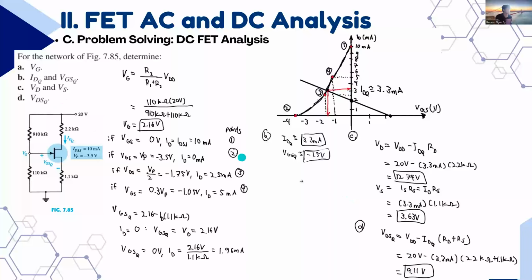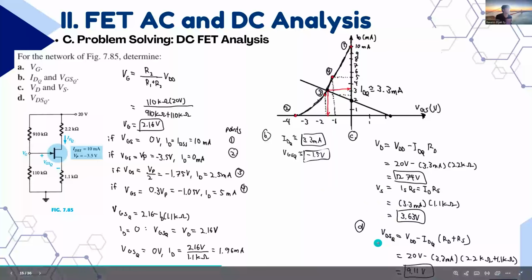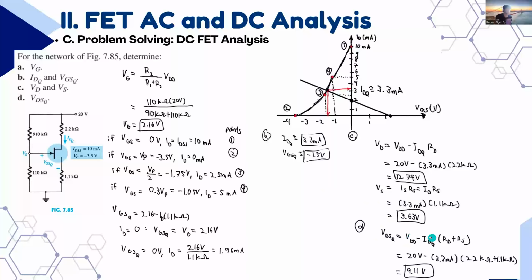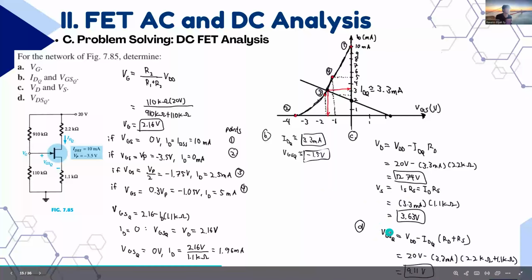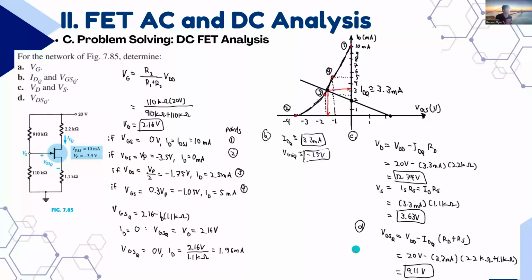Then how do we get VS? We apply the formula VS equals IS RS, which equals ID RS. So applying the formula, we get 3.63 volts. And finally, VDSQ is VDD minus IDQ times (RD plus RS). We apply the values, then we get our answer.